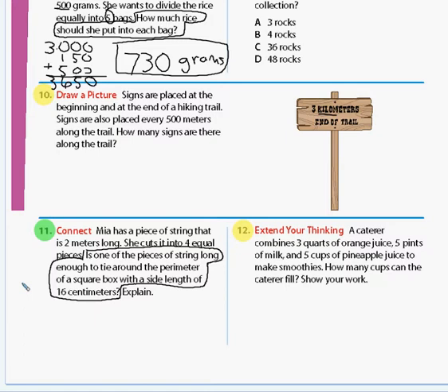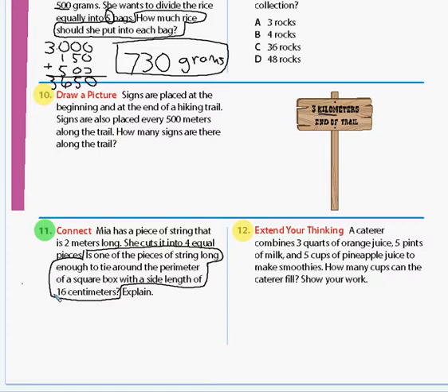There are going to be a couple steps to this problem. We could either figure out what the perimeter of the box is first, or we could figure out how long each piece of string is. Since the perimeter of our box is going to be in centimeters, let's convert our string into centimeters before we divide it. 2 meters would be 200 centimeters, because there's 100 centimeters in a meter.